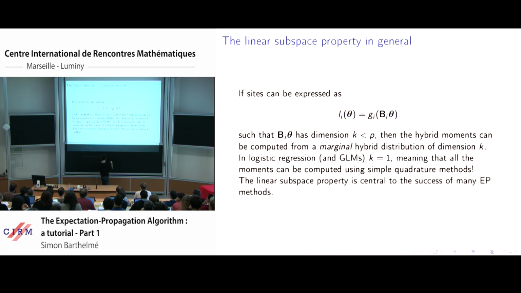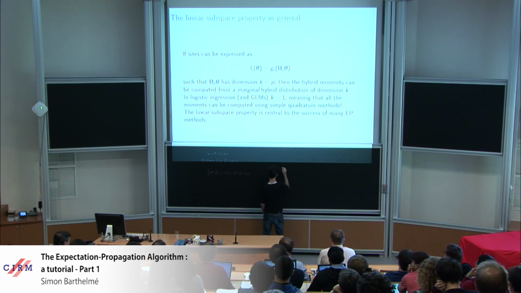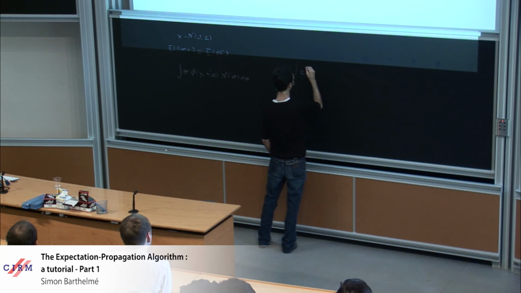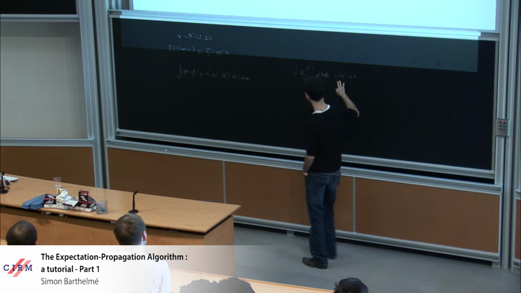Let's do the moment generating function trick, if you like. What happens is this. If you have a moment generating function, I'm going to write it as... This is your Gaussian prior.